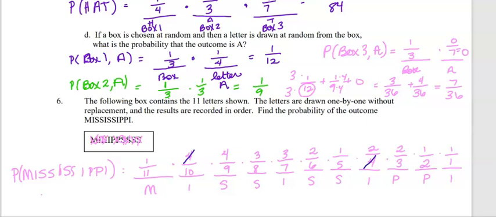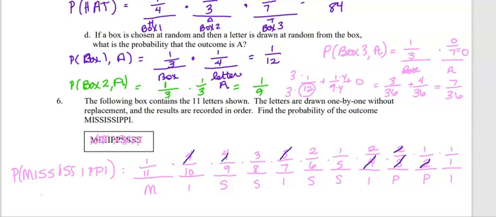Any numerator, any denominator can cancel, and there's lots of ways you can do this, so don't assume that you have to do it exactly like me, but we should end up with the same answer even if we go through the reducing a little bit different. Like here, I can cancel this 2 with this 2. I can cancel this 3 with this 3. And then let's see what else I can do.